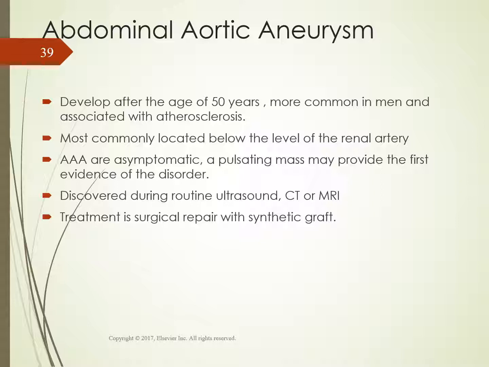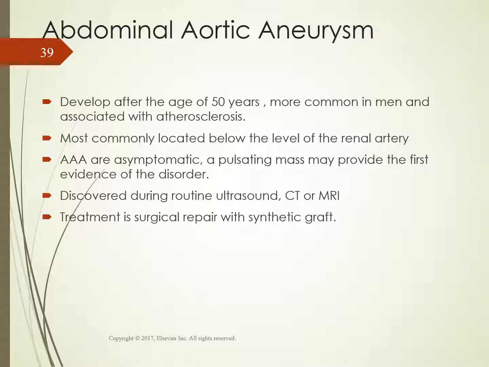Abdominal aortic aneurysms develop after the age of 50, are more common in men, and are associated with atherosclerosis. They are most commonly located at the level of the renal artery. Most AAAs are asymptomatic. They may have a pulsing mass, and that may be their first evidence of the disorder.